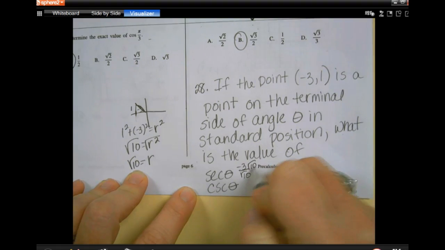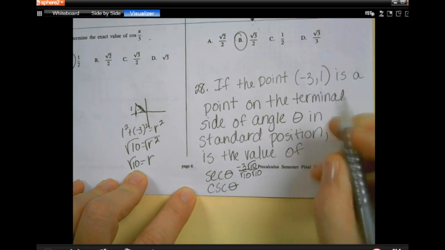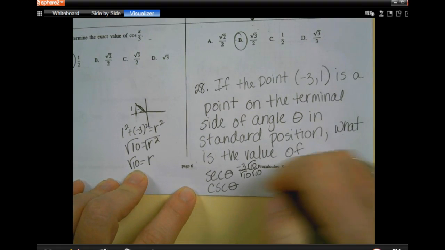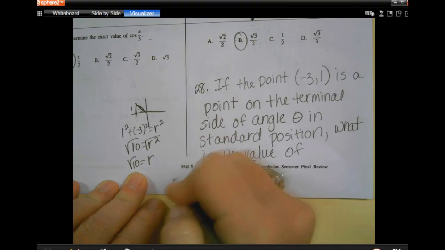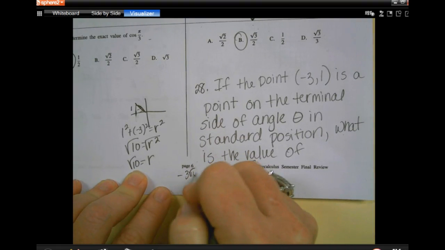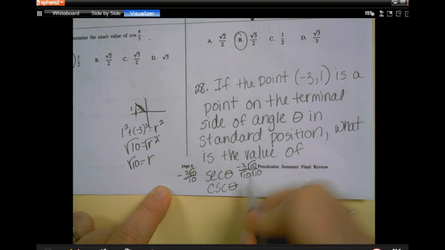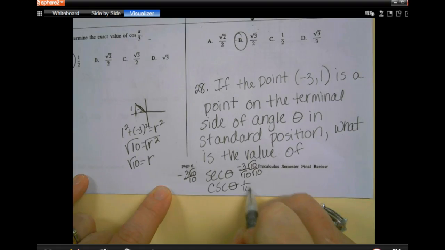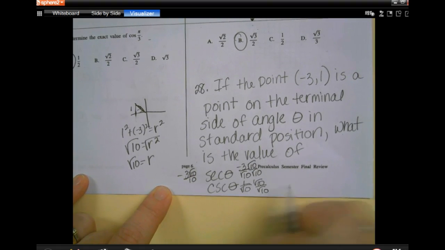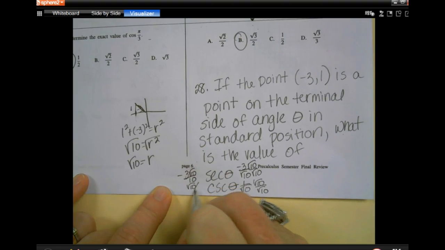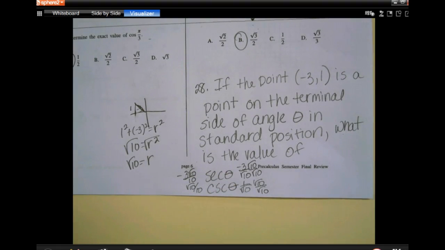You can, but you're going to get it wrong. So I'm going to have negative 3 square roots of 10 over 10. And the cosecant would be 1 over the square root of 10, and if I rationalize, I get the square root of 10 over 10. And that's it. That's the only problem you have to work out.